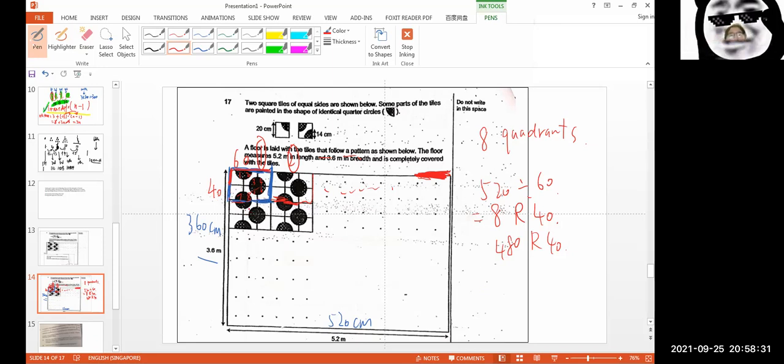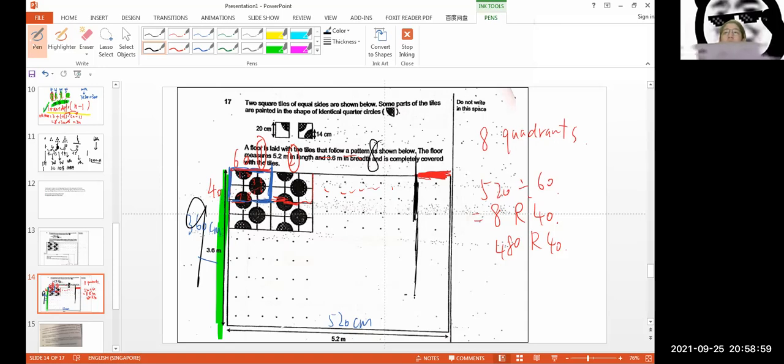Pretty easy. So you have 9 of them here. For this, you're going to have 9 of them. Then above, you have 8 of them until here. Then you need to find out for the remaining 40 cm.